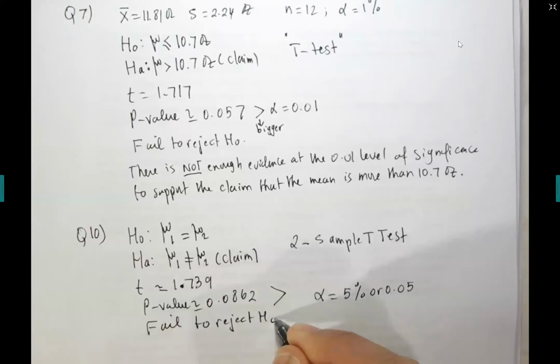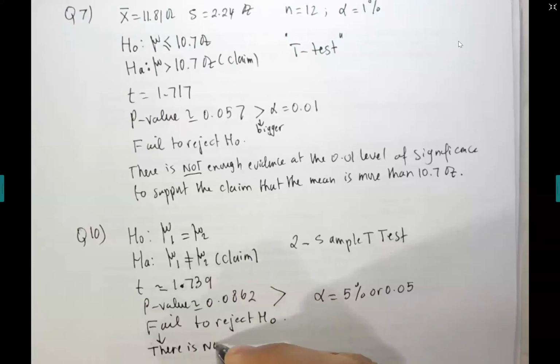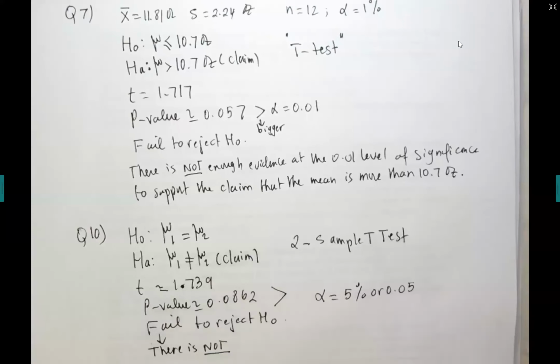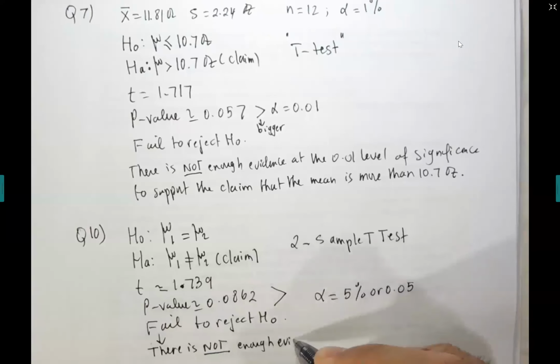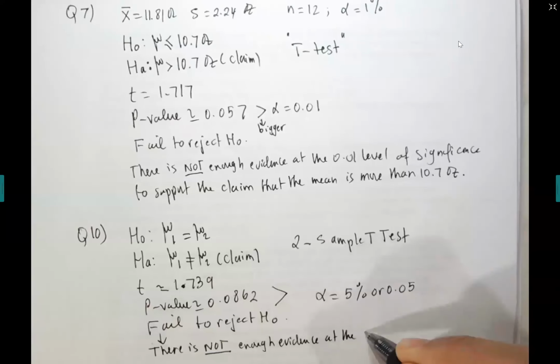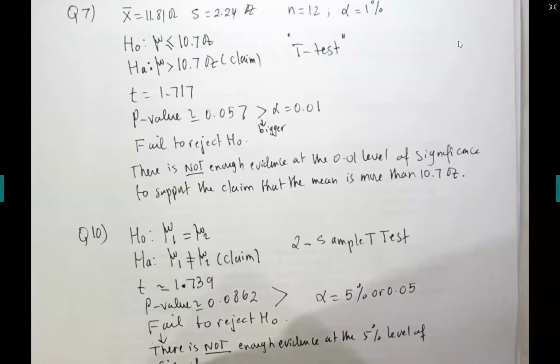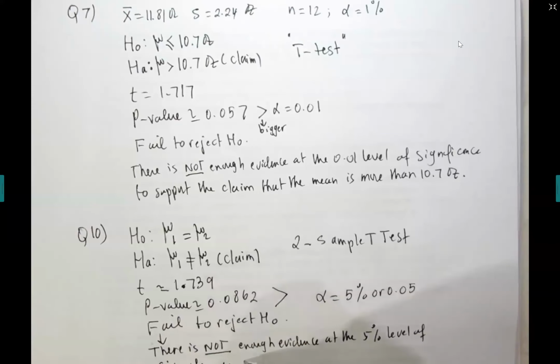And then if you fail, guys, you have to start with this language. So when you select the correct answer, you select something that has 'not enough evidence at the 5% level of significance.' Now, guys, if you ask me, how do I know support or reject? If the claim is in HA, you have to look for the word support here.